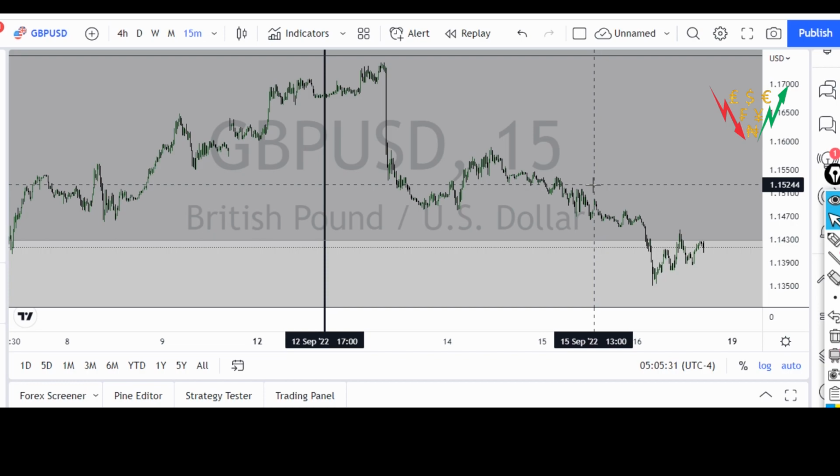And then the London session, which is open from 8 a.m., closes by around 4 p.m., 5 p.m. in the evening. Remember, guys, that within this London session, the New York session opens by 1 p.m. So within the time that the London session opened by 8 a.m. and closes by 4 p.m., 5 p.m., 2 sessions are also open, the London session and the New York session.